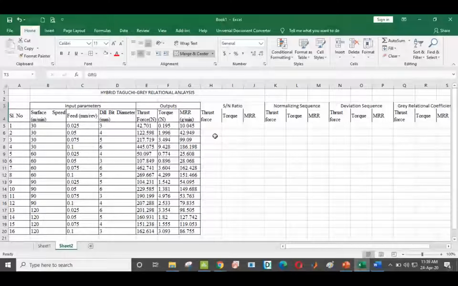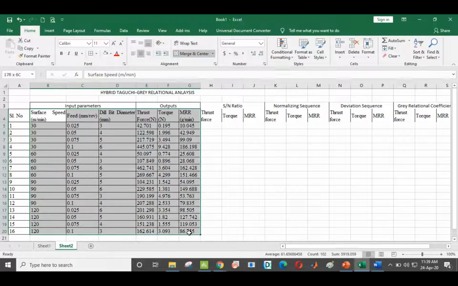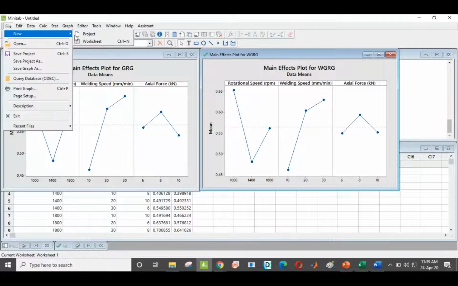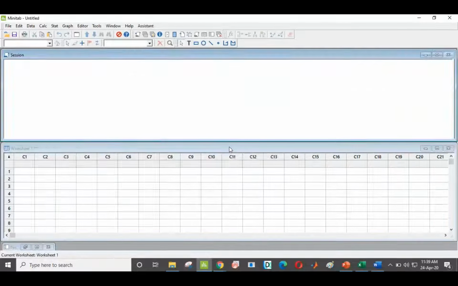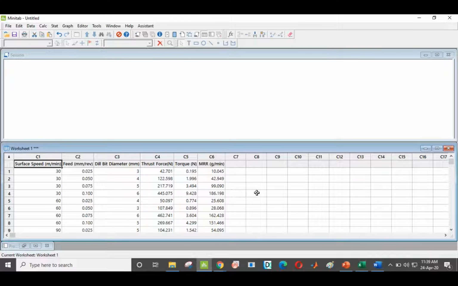Now, how to calculate the SN ratio? No issues. Just copy this and go to Minitab. Just paste this, because SN ratios we have to determine. It has some formula, so directly from this I can determine.